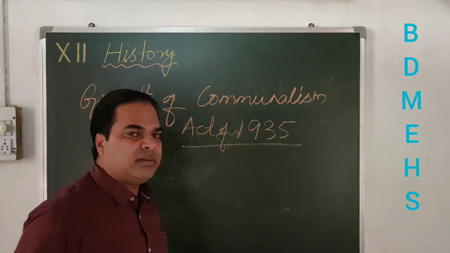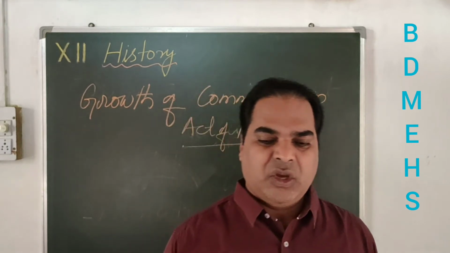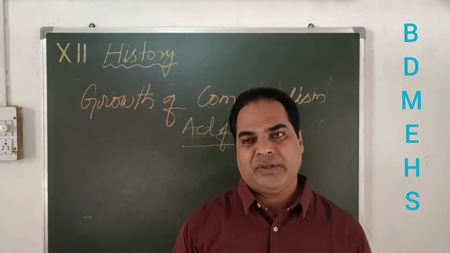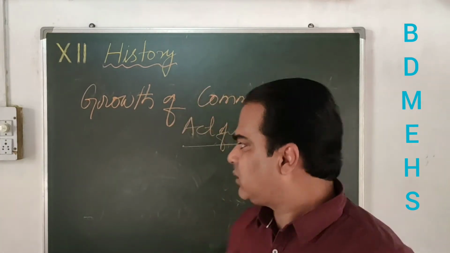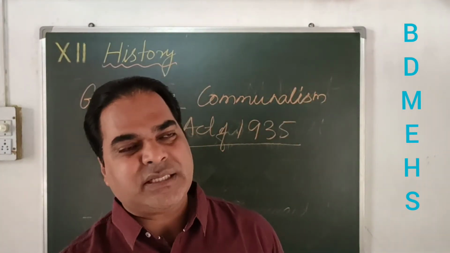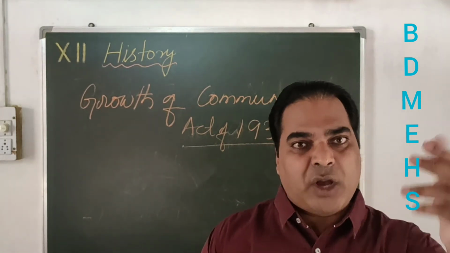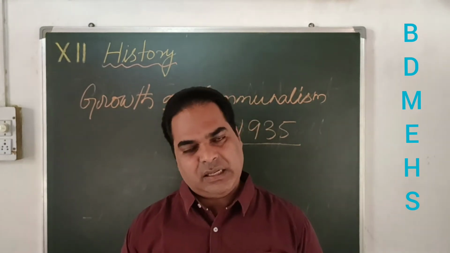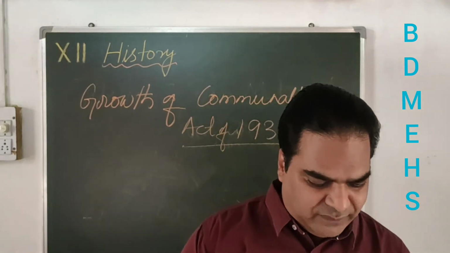This Act brought certain changes on the basis of which the country was to be governed. According to this Act, elections were to be held. I will start the Act in detail in the next class. Right now we need to know about the communal factors.